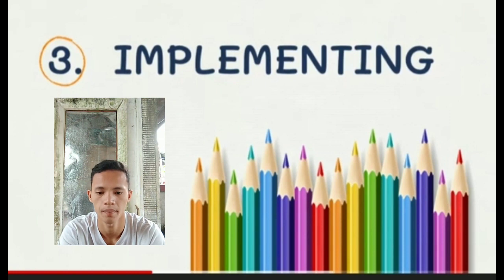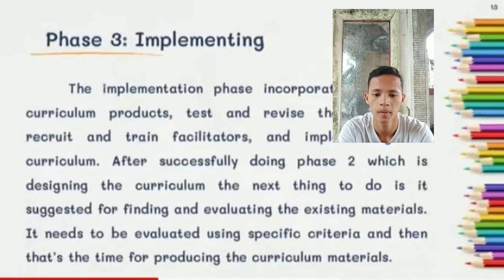Number 3 is implementing. The implementation phase incorporates producing curriculum products, testing and revising the curriculum, and recruiting and training facilitators in implementing the curriculum.